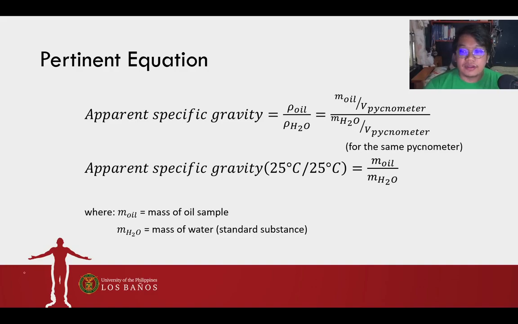Okay? And since using this formula, the same yung pycnometer na gagamitin, we can cancel out the volume of the pycnometer here as to get the apparent specific gravity at 25 degrees Celsius for both oil and water to be equal to the mass. So, ratio na lang siya ng mass ng oil and ng mass ng water. Okay?